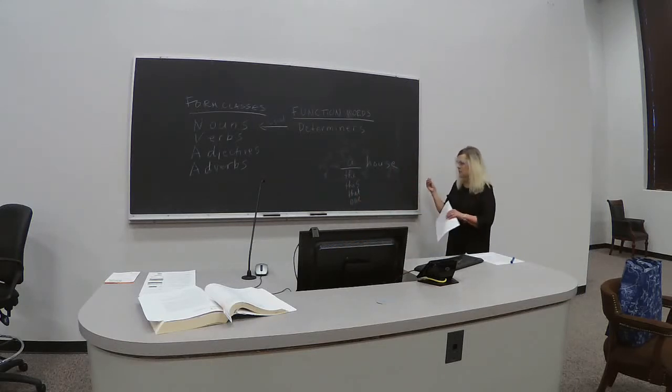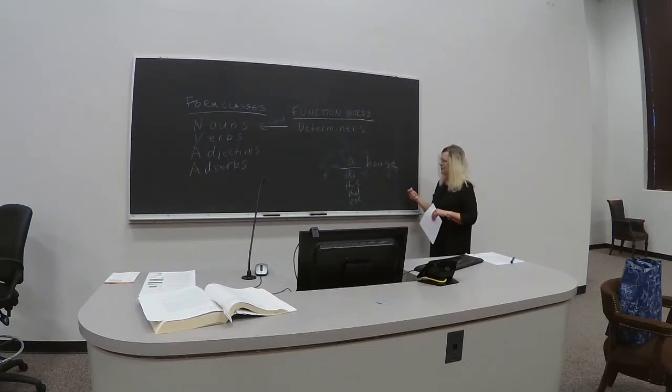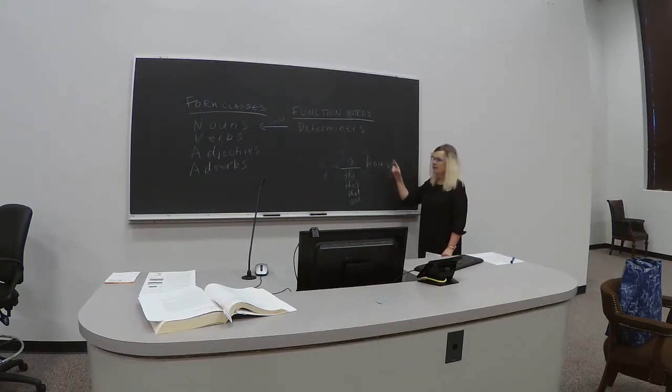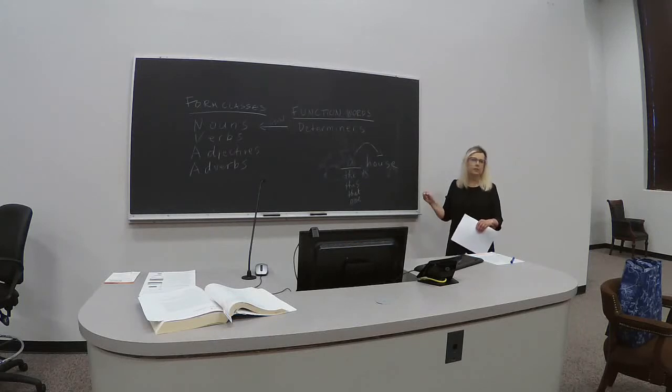If it's houses, then many, these, those, and 10 houses. These are determiners, and they signal that the noun is coming. Okay. Then there is a category that can go between the determiner and the noun. And what is that category?